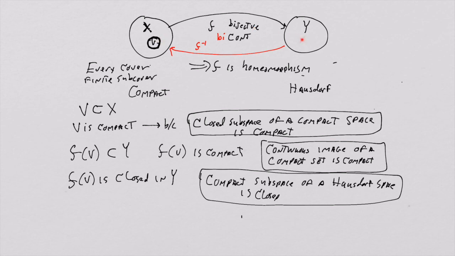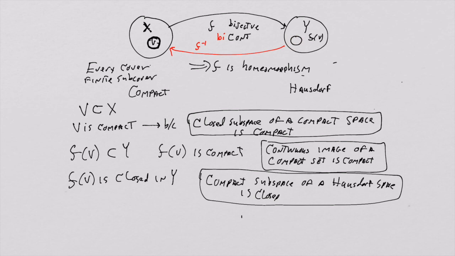Then we use a continuous mapping of a compact space, so we know that the mapping over here, which is F of V, is also compact. So we now know that this is compact, and we know that it's closed over here in Y because Y being Hausdorff, there's this rule. The compact subspace of a Hausdorff space is closed.